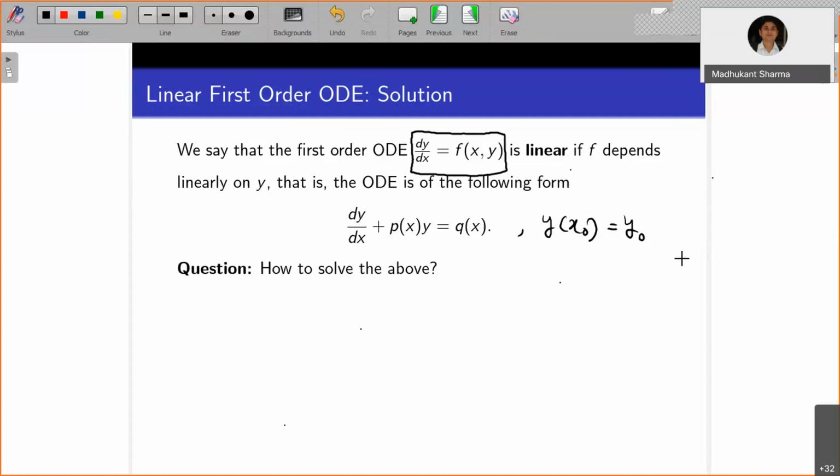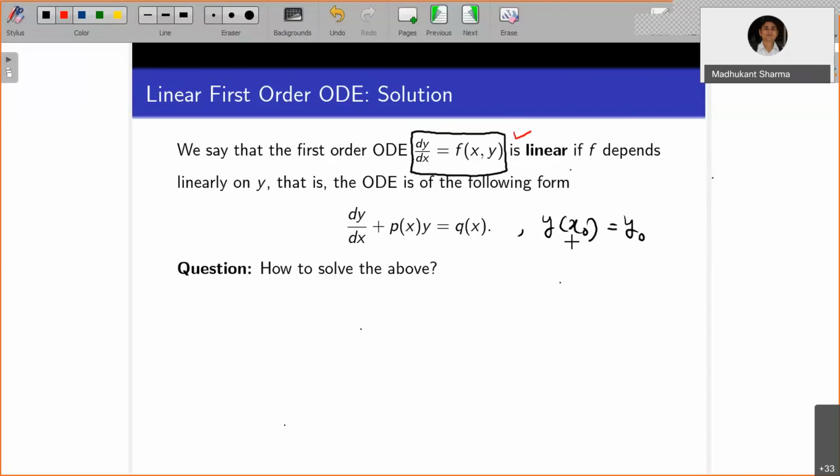Now let's move further, and look at special cases where this standard form takes a very special form. We are mostly interested in linear equations.